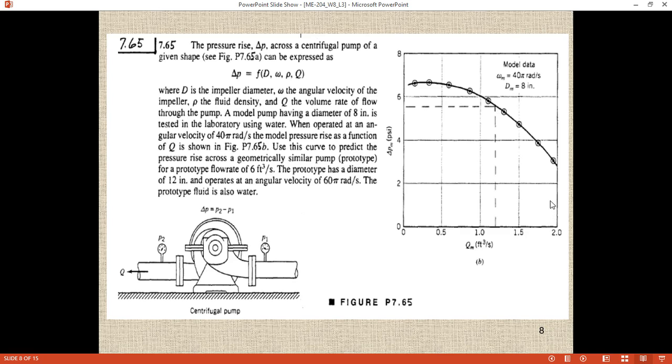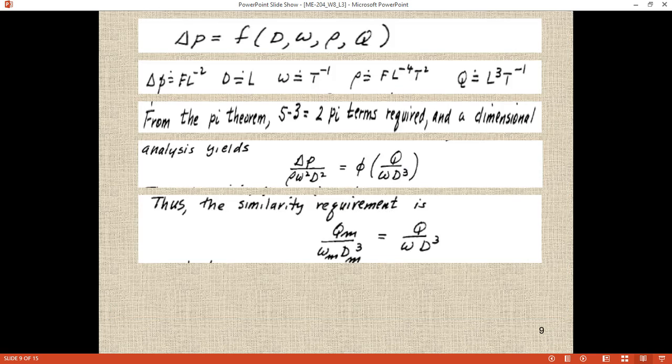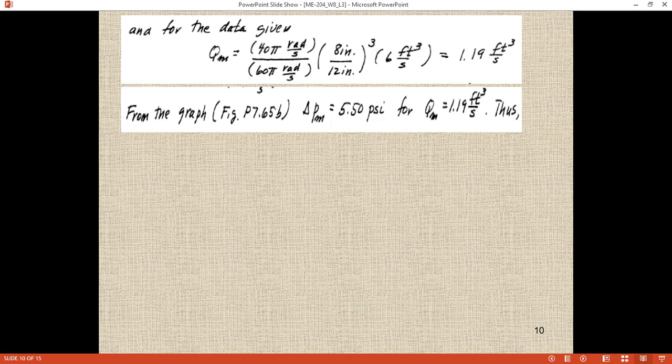You take a vertical line, hit the curve, and then take a horizontal line up to here. So you get 2.9 or 2.8 something, more or less. Let's see what we have considered: Q of the model is 1.19 feet cubed per second and delta P of the model is 50 feet.